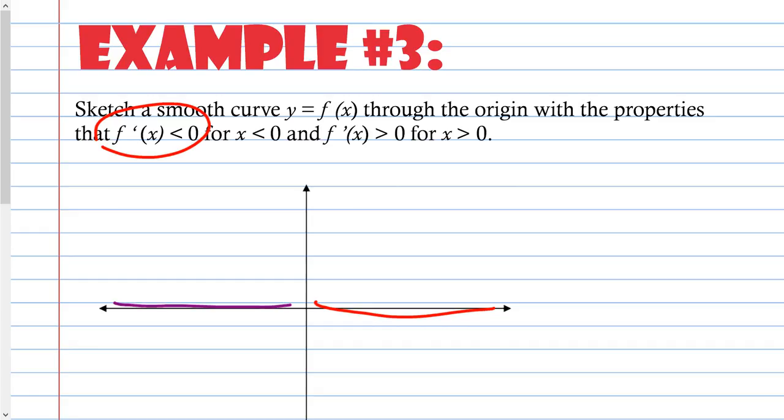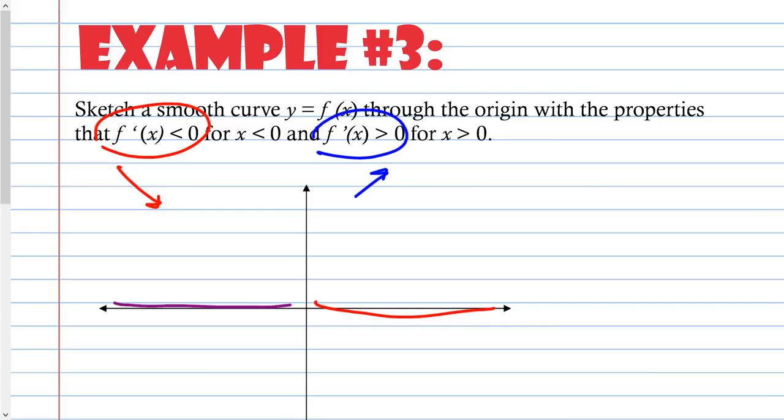This is saying that the slope is less than 0, so negative. If my slope is negative, I am coming down. Now, this right here is saying that my slope is greater than 0. If my slope is greater than 0, then I'm going up.